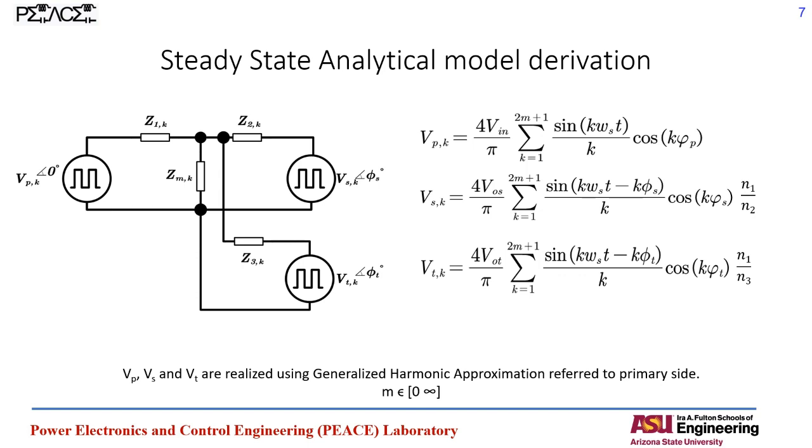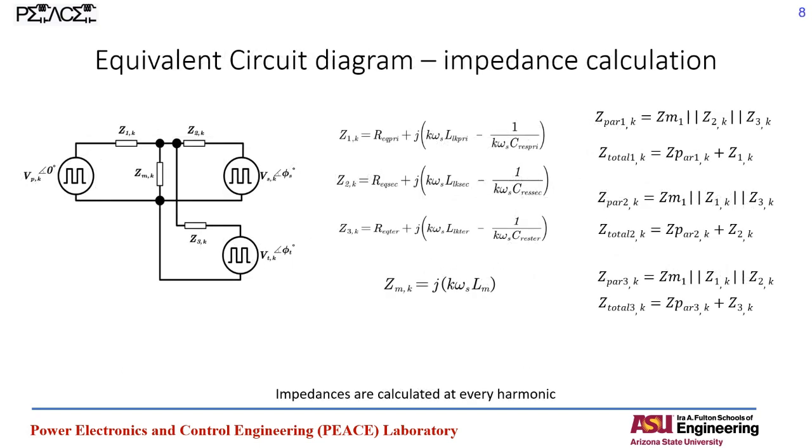Once we do that, we obtain these equations, which are obtained from the harmonic analysis of the quasi-square waveform. Once these equations are obtained, we can calculate the impedance values of each RLC network, and we can solve this network further.